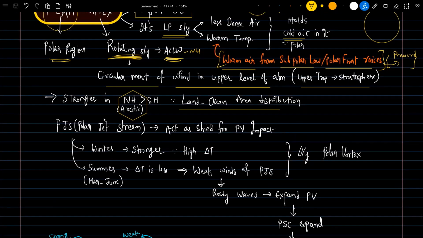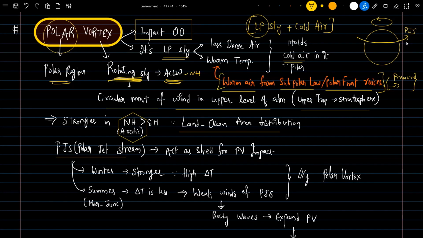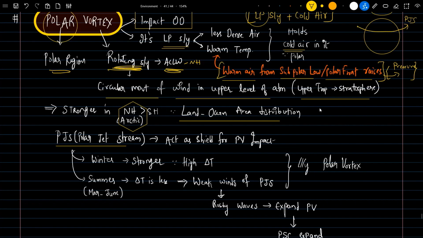Next important thing is we need to know what the polar jet stream is. What is the relationship between the polar vortex and the polar jet stream? Here there will be a polar jet stream revolving, right? This polar jet stream will be stronger in winter. Why is it stronger in winter?